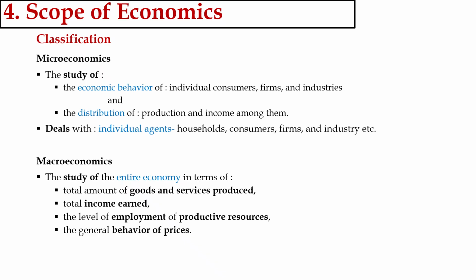Here you can see what is the difference between micro and macro. In microeconomics we have I and in macroeconomics we have A. So how to remember this? Microeconomics means we have I. With I, what do we get? Individual.